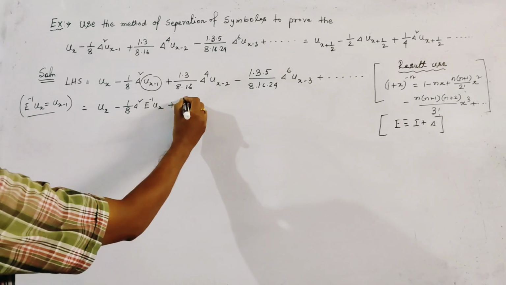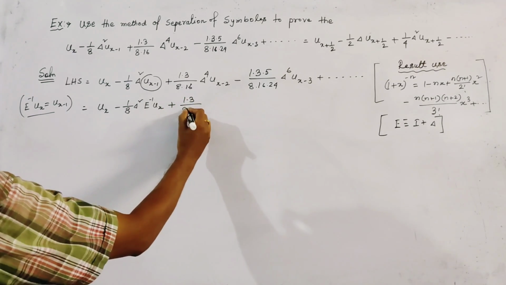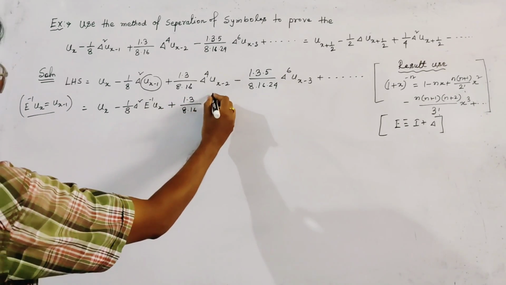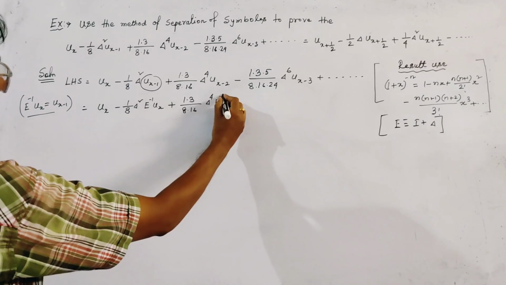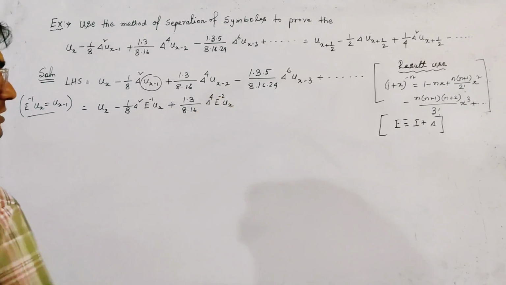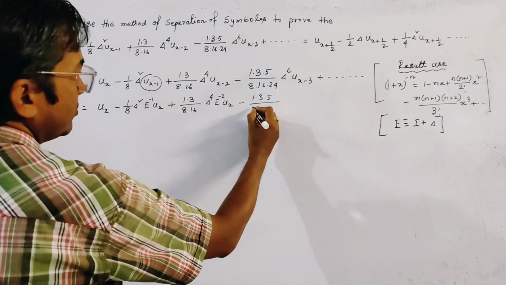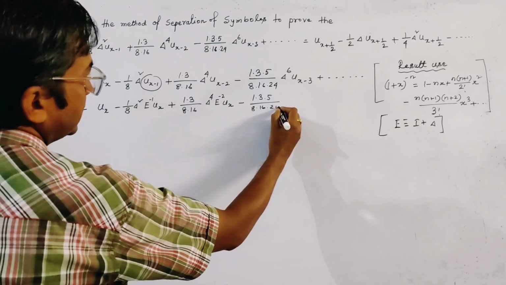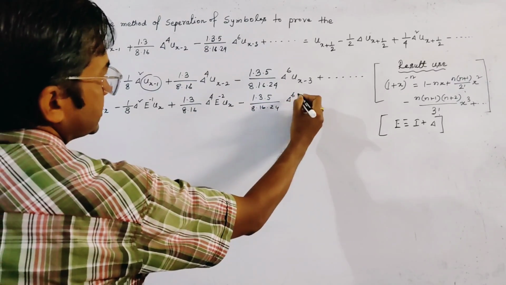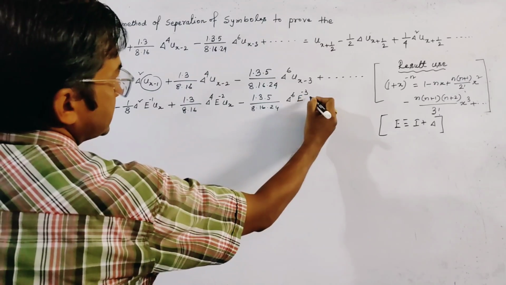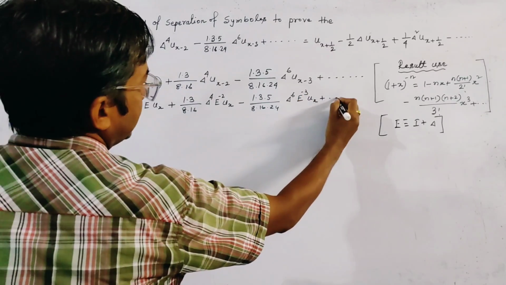Similarly, we write plus (1·3)/(8·16) delta to the power 4 E to the power minus 2 u_x, and the third term is minus (1·3·5)/(8·16·24) delta to the power 6 E to the power minus 3 u_x, and so on.